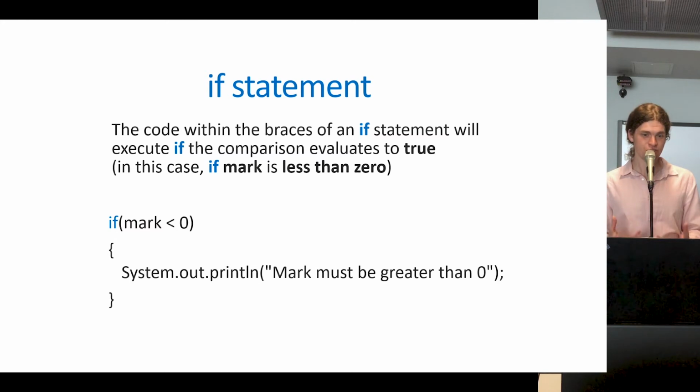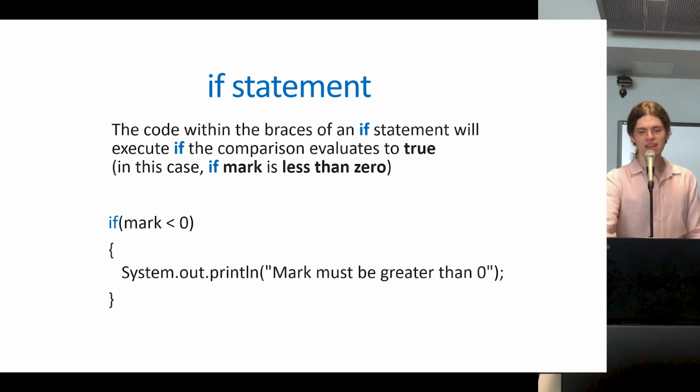If that is true, then perform this piece of code that's placed within the braces here. This is where we section off the code that we want to execute if the condition is true. So if the value of mark was, say, -1, is -1 less than 0? Yes, it is. That's true. Therefore, print out this message to say that the mark must be greater than 0.